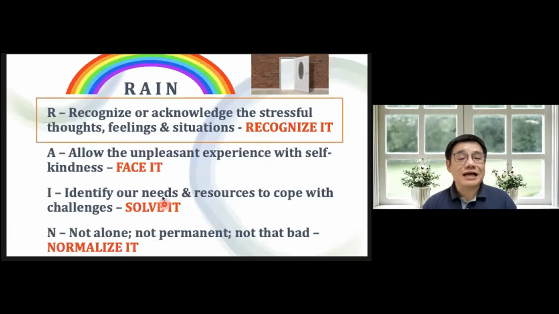What are the challenges I have? Is it that I'm not sure about how to go to the vaccination center? Is it that I'm not sure of the procedure? Is it that I need transport? So we've got to recognize our needs. Okay, what is the problem? We need to recognize our needs and to identify resources, how to solve it.